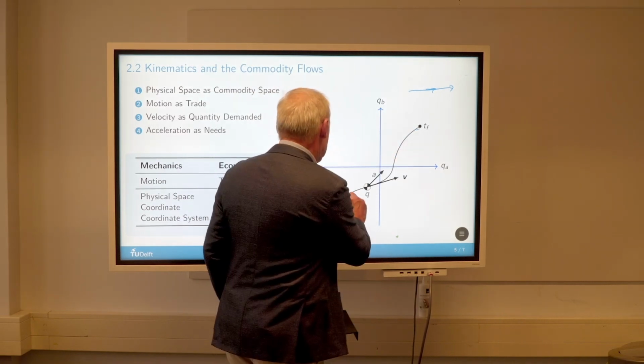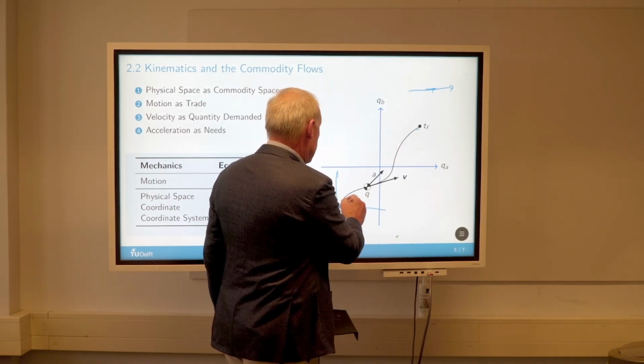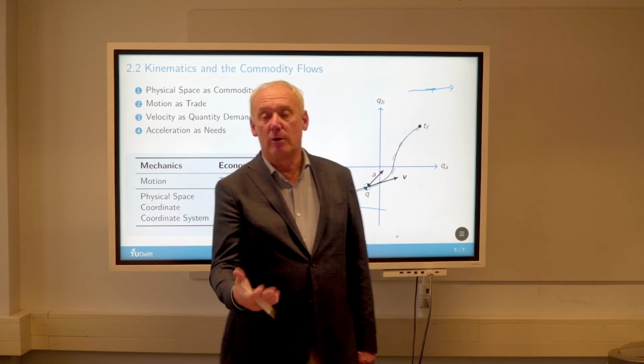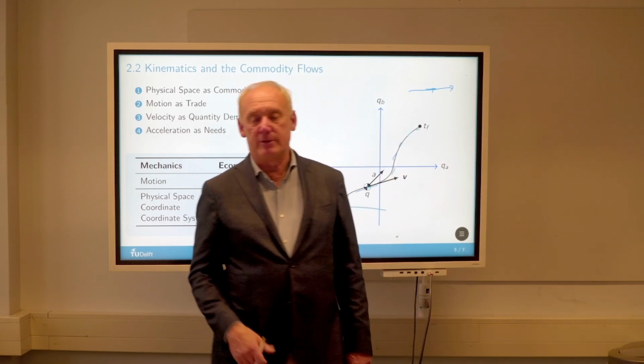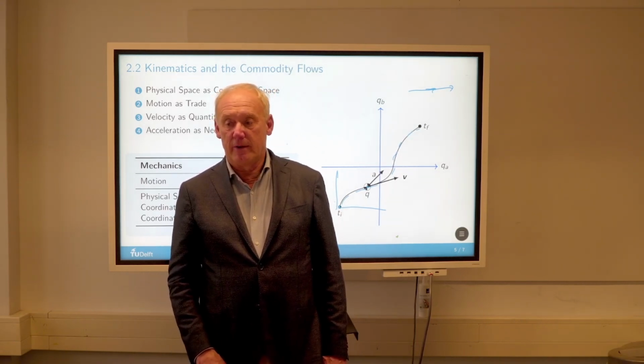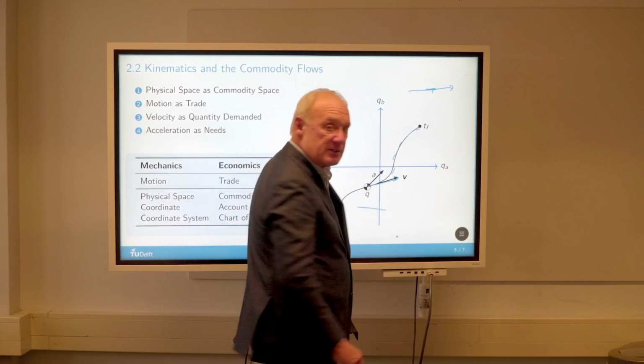At this point in time he is here, then over there, and over there. Now, at any moment in time, what is the quantity he is demanding per unit time? Well, I maintain it will just be the tangent vector at that time.